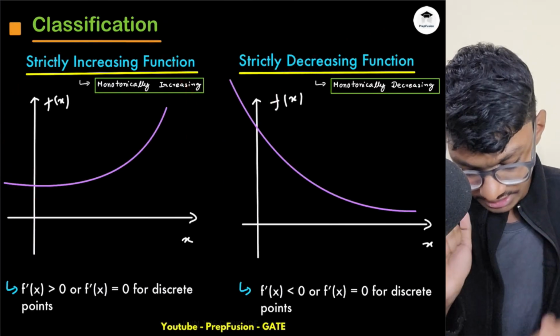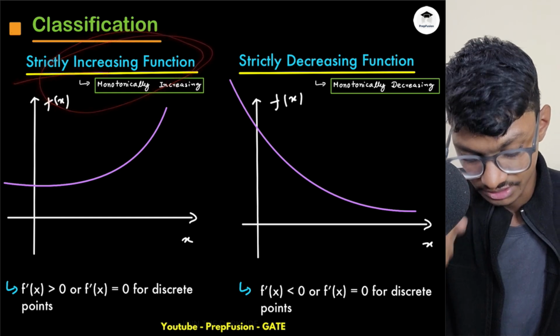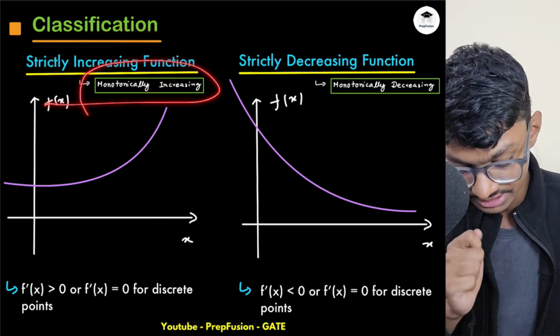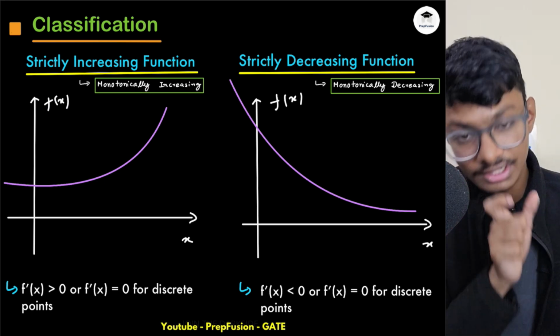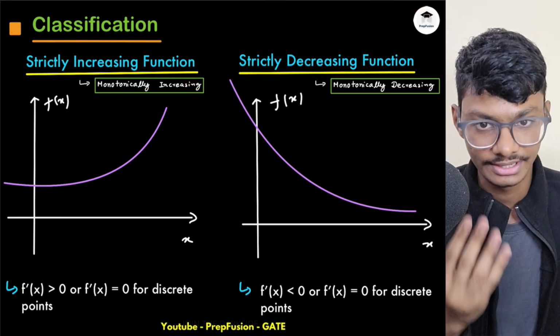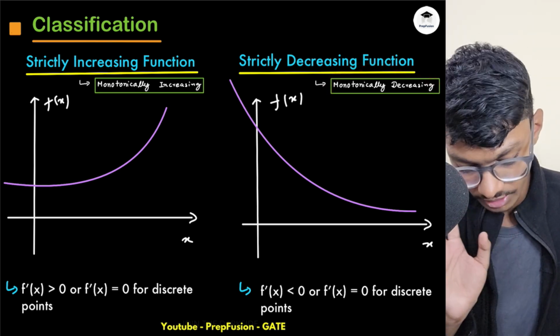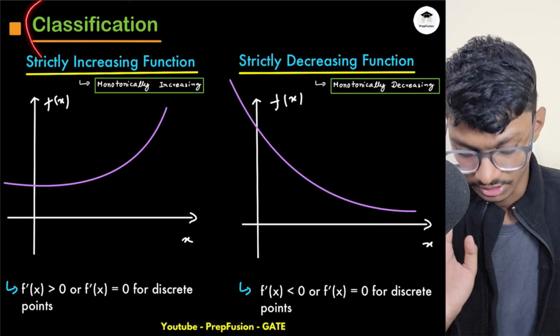Okay, here I have also classified the different things. What is a strictly increasing function? A strictly increasing function can also be said as a monotonically increasing function, and a strictly decreasing function can also be said as a monotonically decreasing function. Okay, these two things are the same only, and this is the classification.